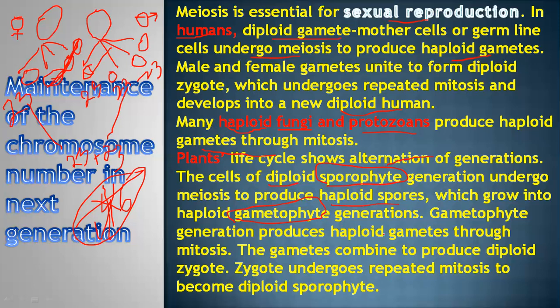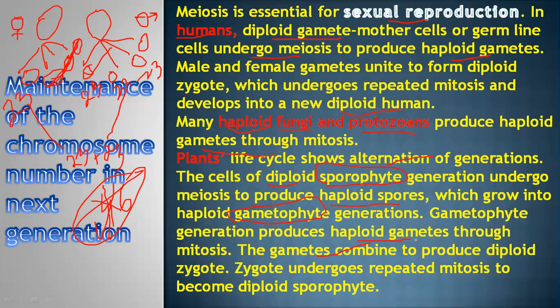The gametophyte generation produces haploid gametes through mitosis, because they are already haploid, so they maintain the numbers through mitosis. The gametophyte generation forms gametes, called pollen grains and ovules.